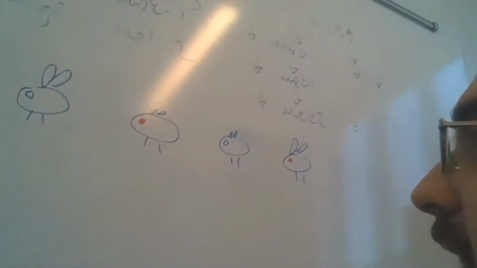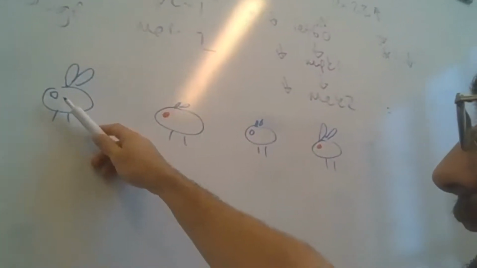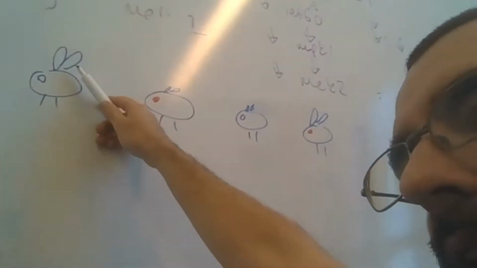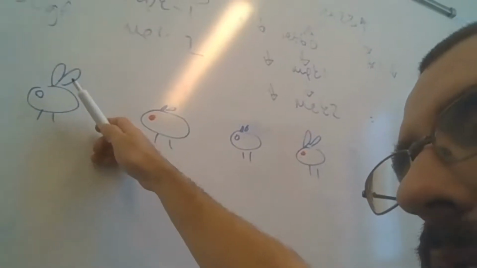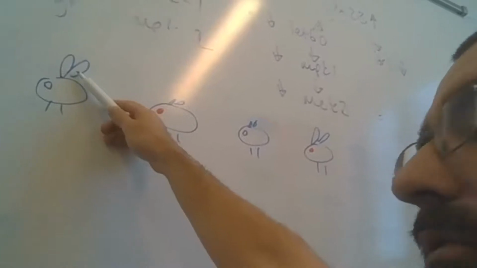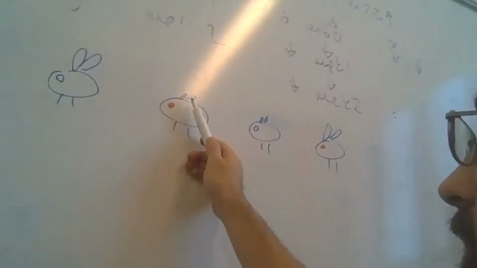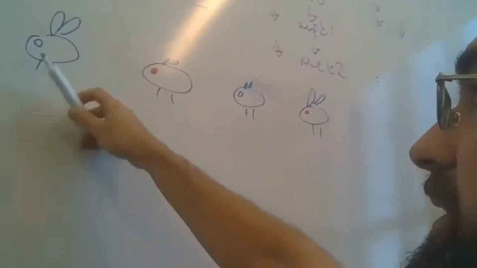All right, so we have eye color and wing size as our 2 traits. For the wing size, we have normal size wings, those big ones, and these cute little miniature wings, which presumably are not very good for flying with.